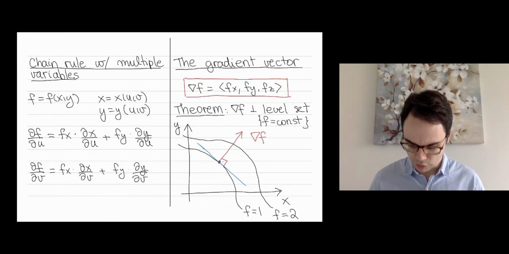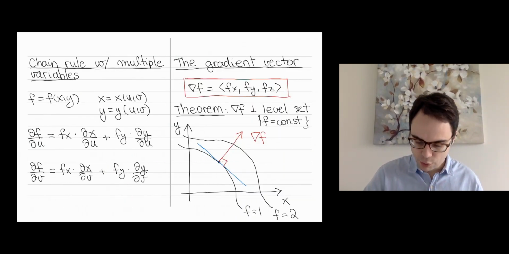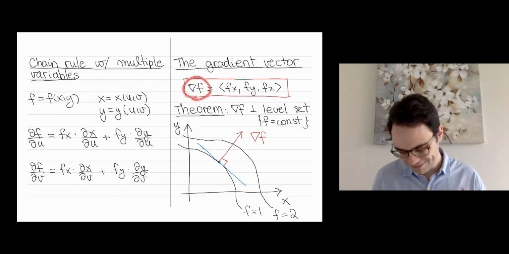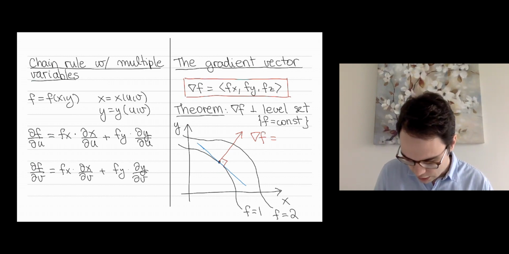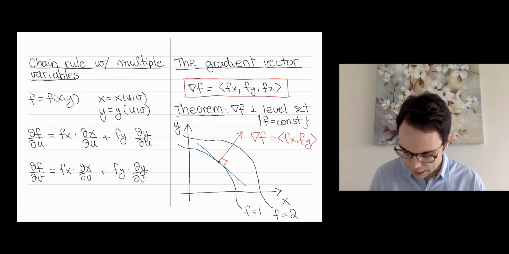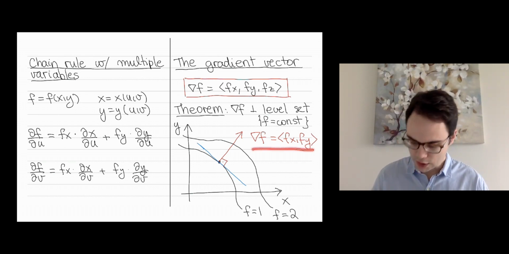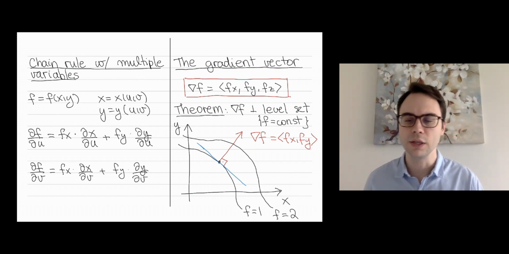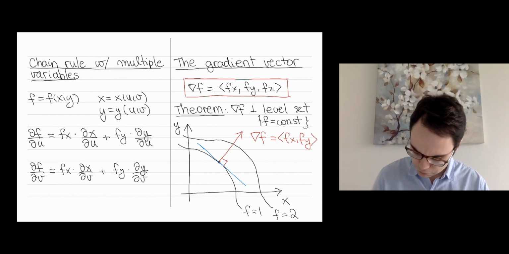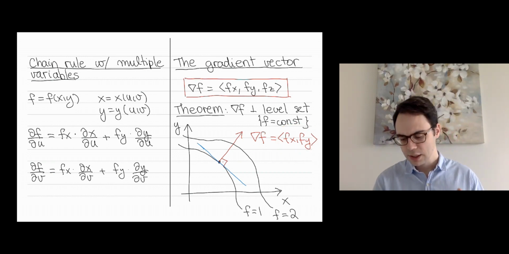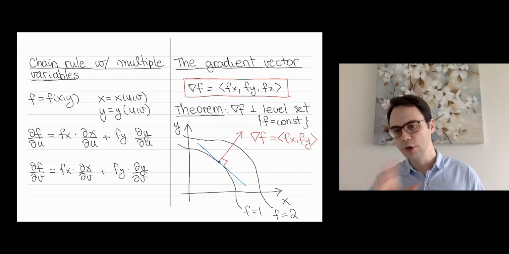Let me note this: when you have 2 variables, the gradient doesn't include the z partial. So the gradient has 2 components in 2D, 3 components in 3D.